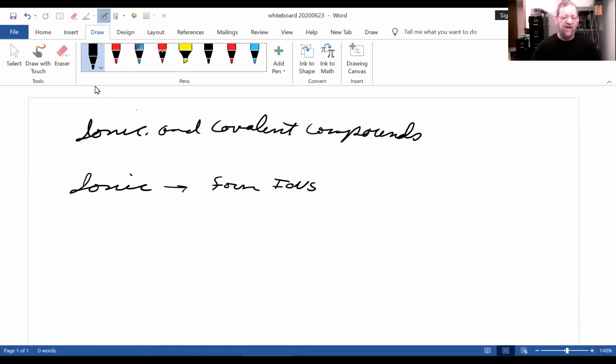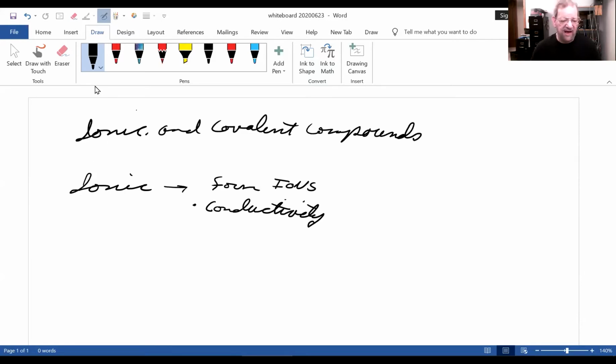And because of that, they conduct heat and they also conduct electricity. And in today's lab, you'll measure conductivity.